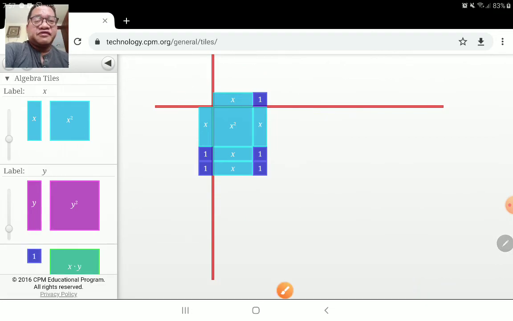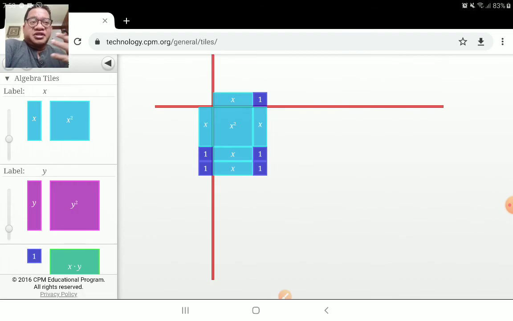I'm going to give you some types of questions, so you try to multiply them. The first lesson in algebra is actually all about factoring. But you cannot factor if you don't fully understand this multiplication.